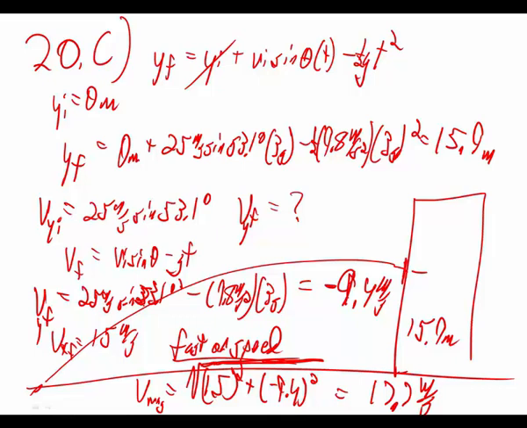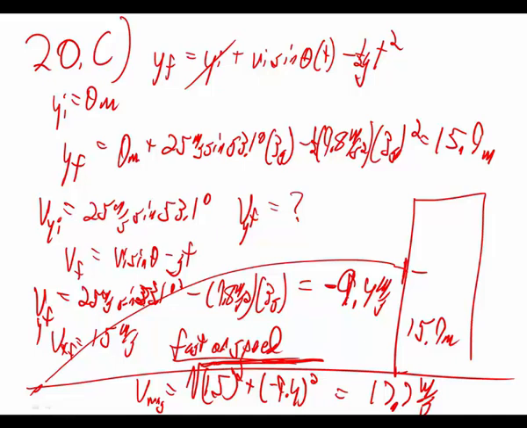No. What I'm doing is instead of using the VI, I'm using VYI in the formula. I still don't see how you're getting. I'm using 20 sine 53.1. No, that's not what you're supposed to do.